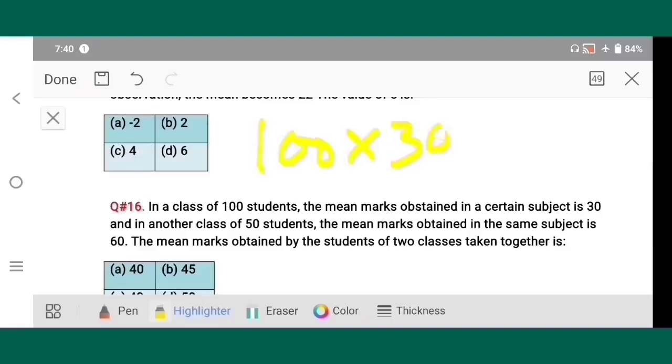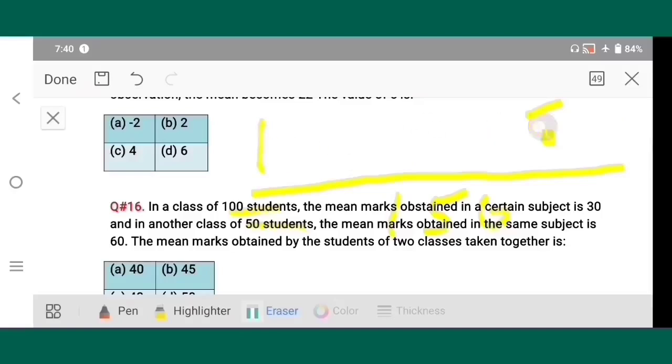100 multiplied by 30 plus 50 multiplied by 60, divided by the total, 100 plus 50 students, that is 150. So 100 times 30 gives 3000 and 50 times 60 gives 3000.